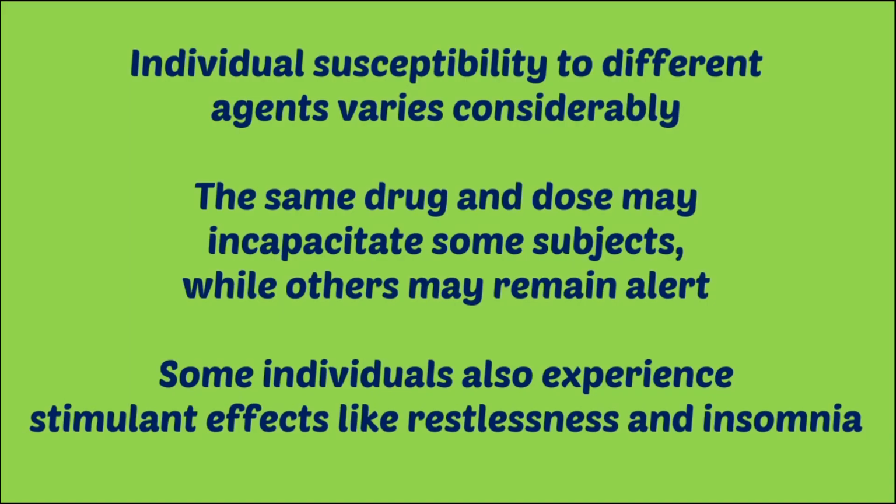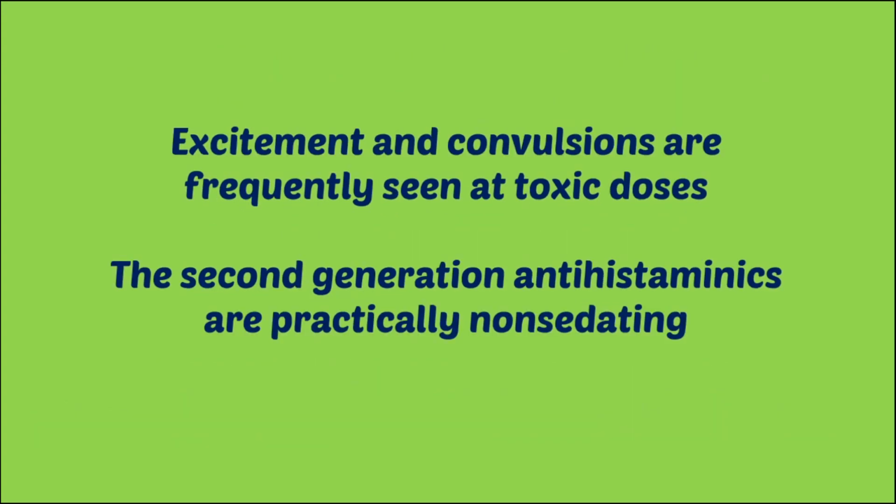Apart from that, sometimes there is stimulant effect in some patients, right? Some may experience insomnia, some may experience restlessness, right? Excitement and convulsion are frequently seen at toxic doses. The second generation antihistaminics are practically non-sedating. So sometimes, apart from restlessness and insomnia, at higher dose they may also cause convulsion, right?